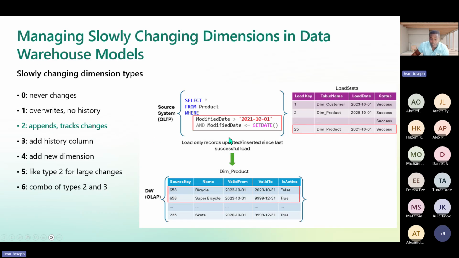So if we're looking at here, we can see that in type 2, there's one record that was active, and now we receive a new record. So we have to expire the old record and get the new record and make that new record active. In here, the source key is the business key, right? But when we're loading the data, we need a unique identifier.